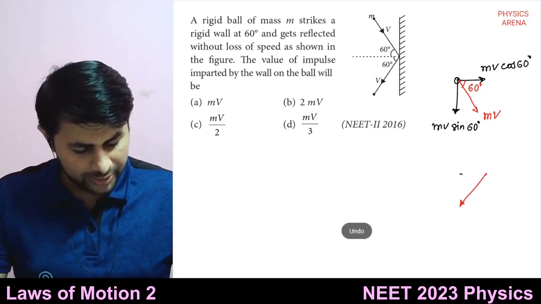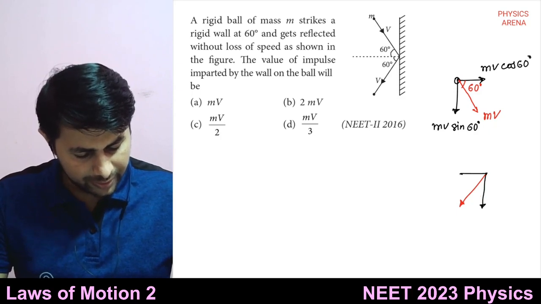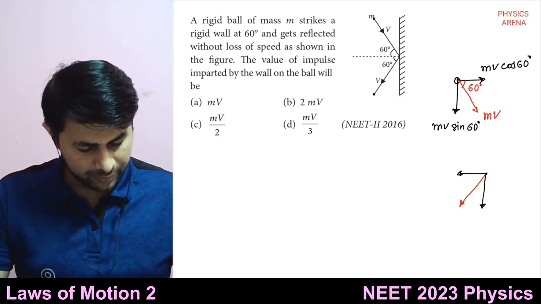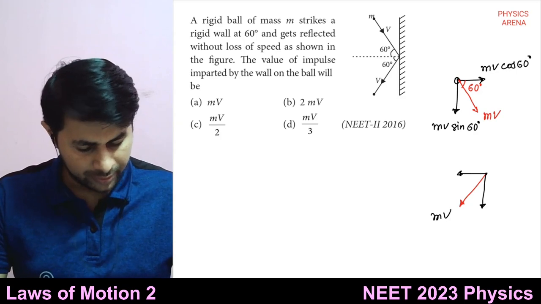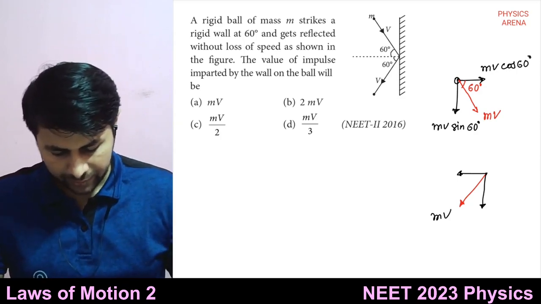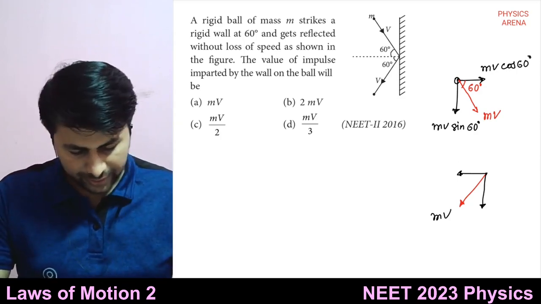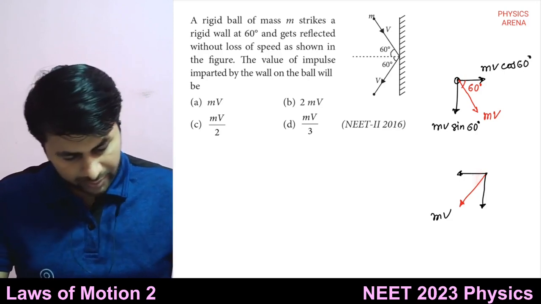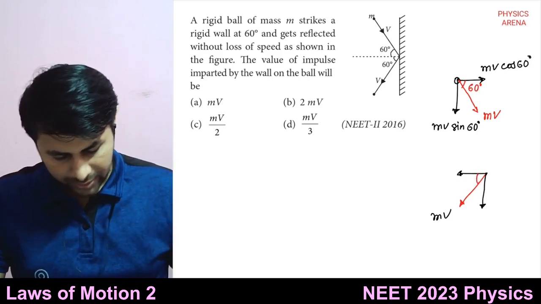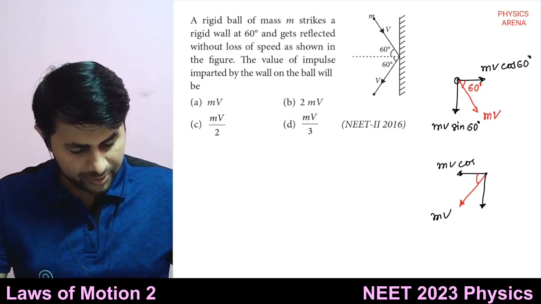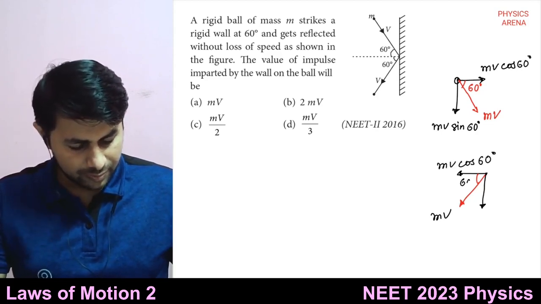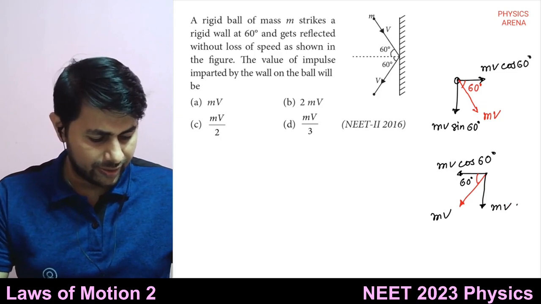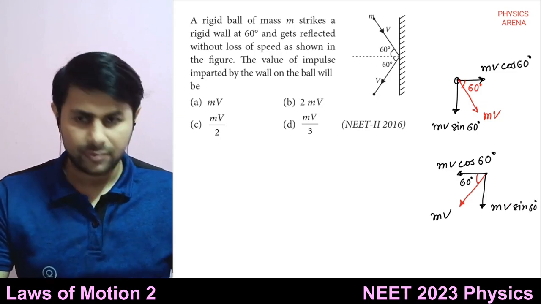You can resolve it along two components, right? So this is mv. This angle is 60. So this is mv cos 60, because this angle is 60, and this is mv sin 60.